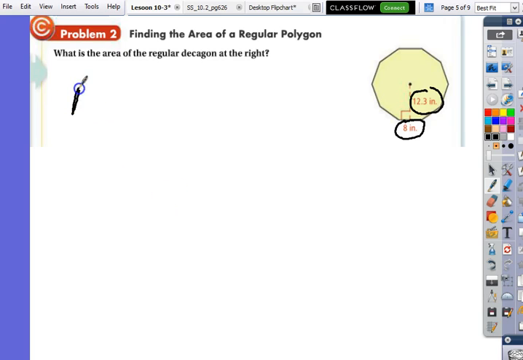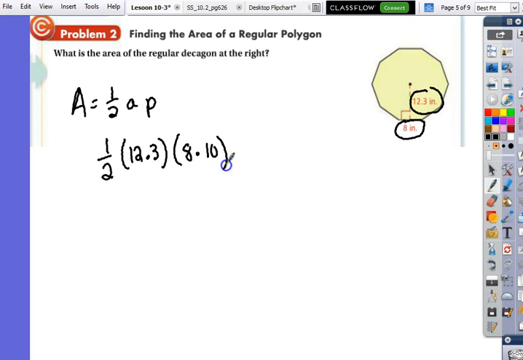So in my formula, area is equal to 1/2 apothem times perimeter. We now have all the numbers we need to just plug it right in and solve it. I'm going to do 1/2 times the apothem, which was 12.3. The perimeter is going to be 8 times 10, the number of sides times the side length.